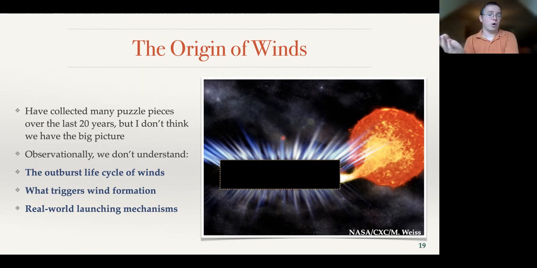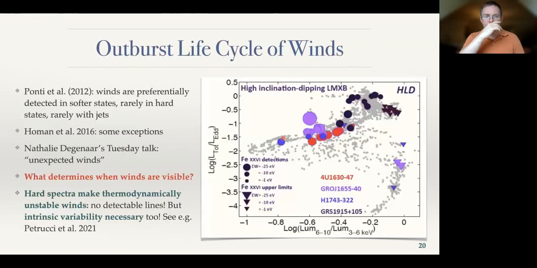We don't understand what triggers the formation of observable winds. And I think as a consequence, and I'll explain all of this, we don't understand the real world launching mechanisms for these outflows. So there are some big questions that remain to be answered. So let me go through each of these.